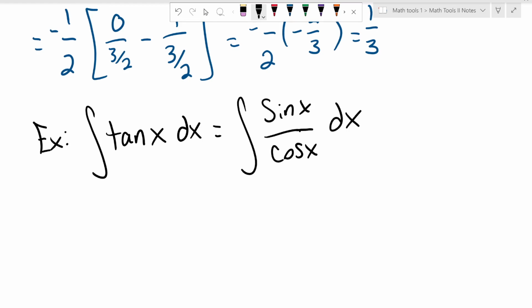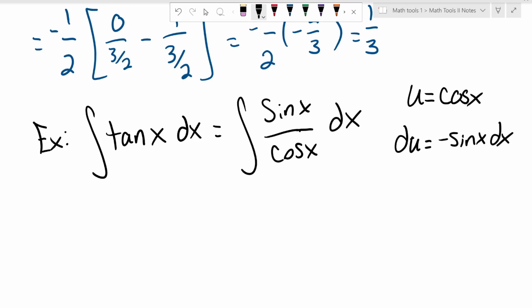And sine and cosine are derivatives of each other, right? One of them having a negative. So now we can go ahead and make a substitution here. I'm going to make the substitution with the bottom one, and you'll see why after we go ahead and do this. So if we let u equal cosine of x, du then will be negative sine x dx.